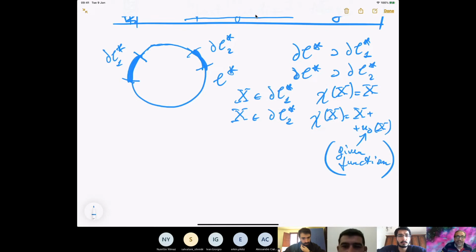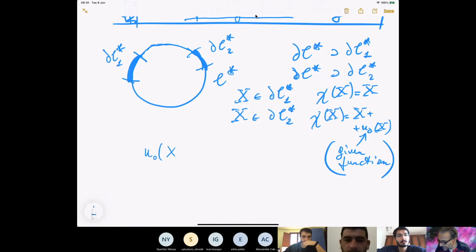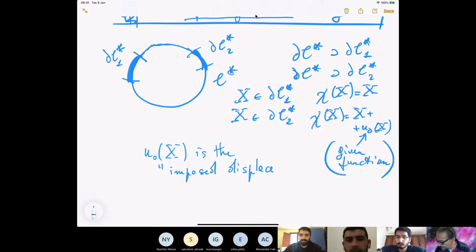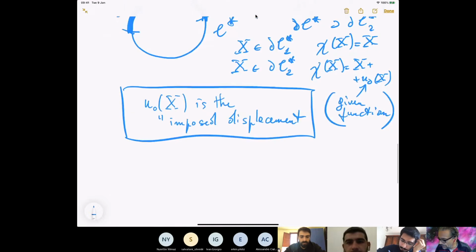Okay, and you can say that U0 of X is the imposed displacement. Okay, so some engineers like to call this kind of, we are imposing boundary conditions.